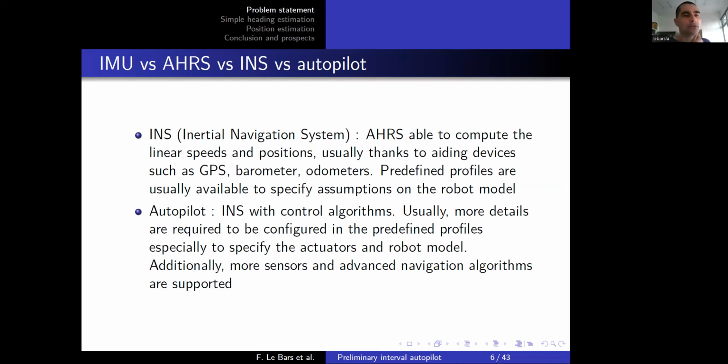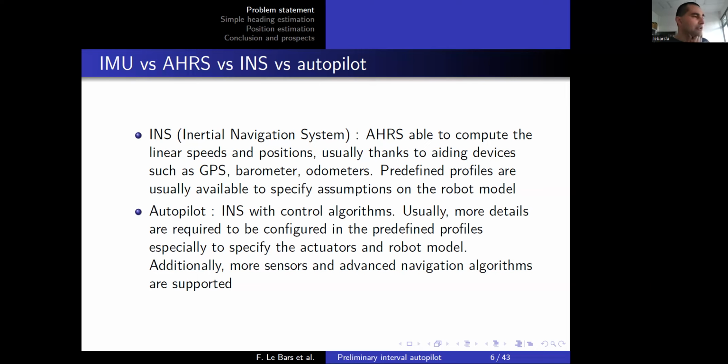For low-cost devices, most of the position information is computed thanks to the help of GPS or sometimes also speed sensors such as DVL for underwater robots. And the autopilot is on top of that. It's something like an INS with additional external devices support.